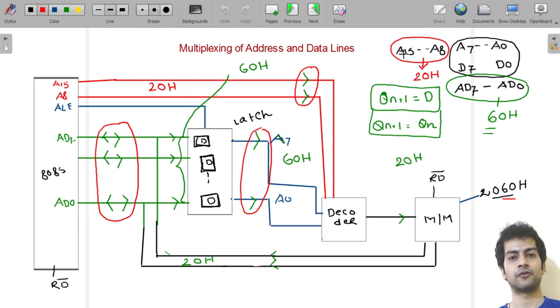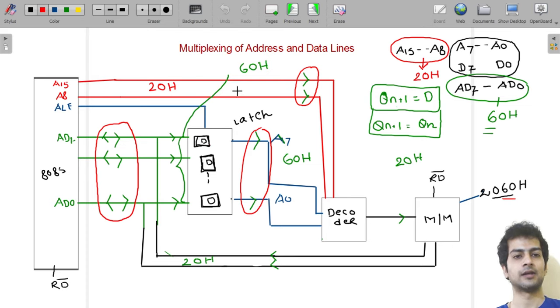So again, we have the higher order address bus A15 to A0, and the lower order address bus A7 to A0. This lower order address bus we are multiplexing as an address bus as well as a data bus, and we have denoted it as AD7 to AD0.